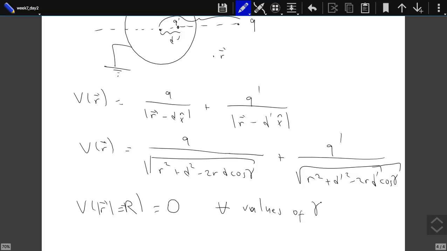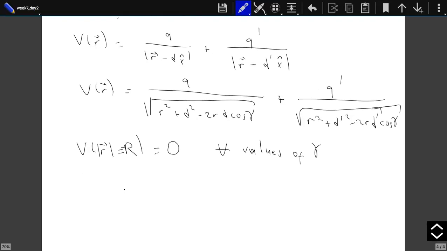So the gamma dependence of the first term should cancel the gamma dependence of the second term. Now, if you want, you can make a Taylor expansion in terms of cosine gamma and set the coefficients equal to 0. That's one way you can go ahead. That will give you infinitely many equations which will have a single solution.